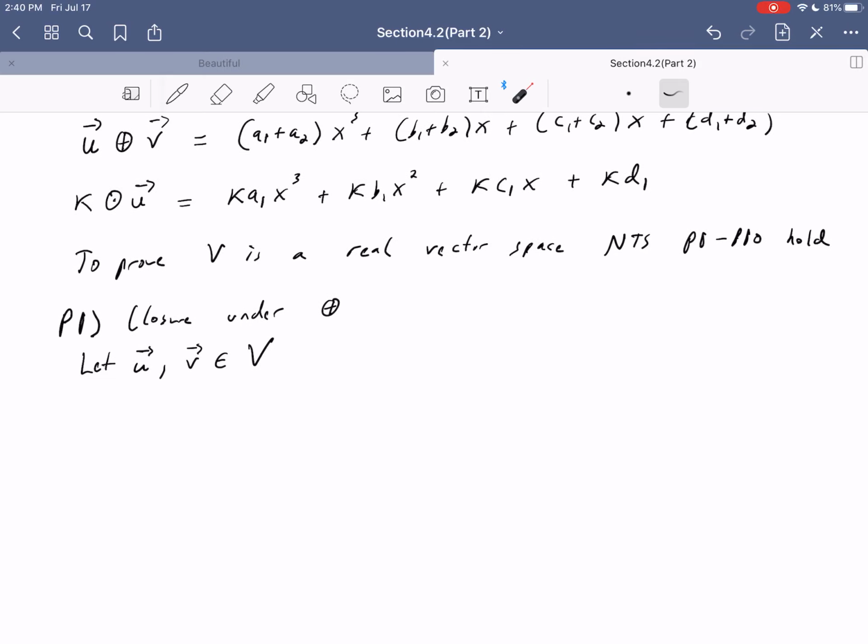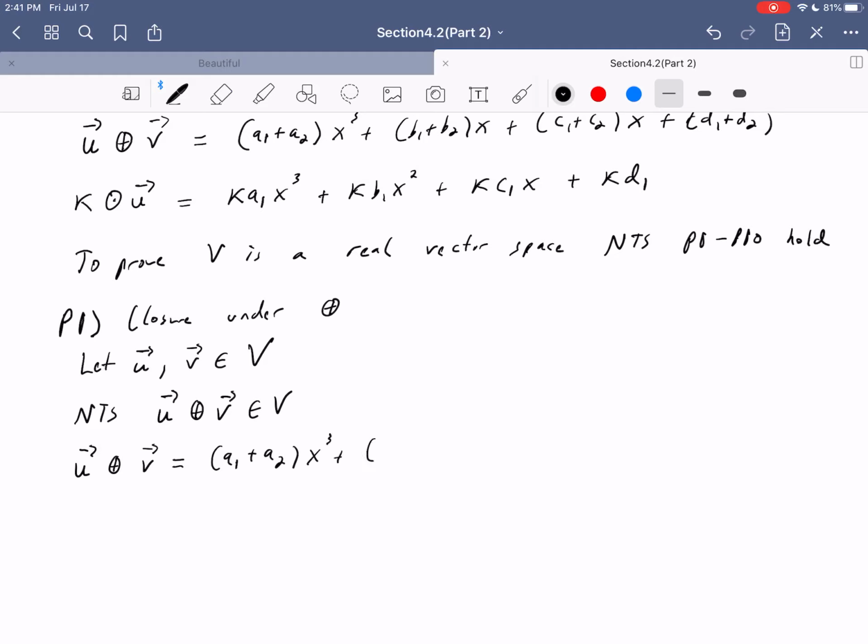What do we need to show, though? Well, we need to show that u plus v is an element of V. Okay, well, how do we do that? Well, according to our definition, u plus v is (a1 + a2)x^3 + (b1 + b2)x^2 + (c1 + c2)x + (d1 + d2).